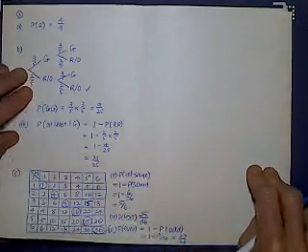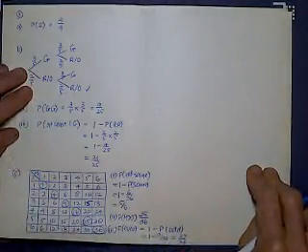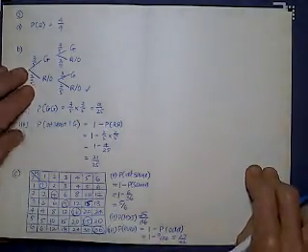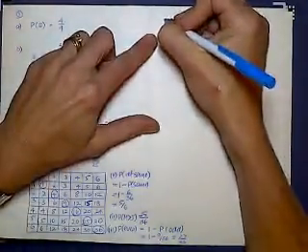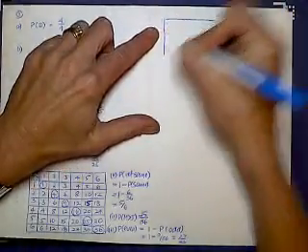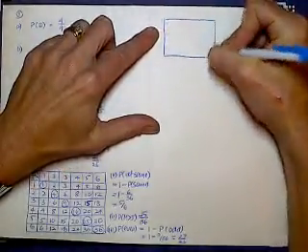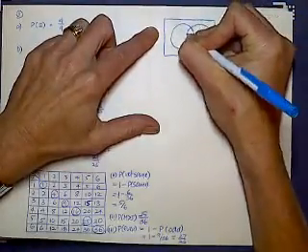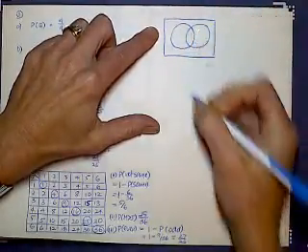The next one, an integer is chosen at random from the first 30 positive integers. What is the probability that the number is divisible by 4 or 5? I'm actually going to draw up a nice little Venn diagram, nice cute picture. All of those will represent the multiples of 4 and the multiples of 5.